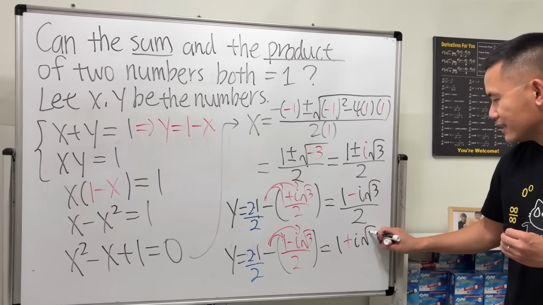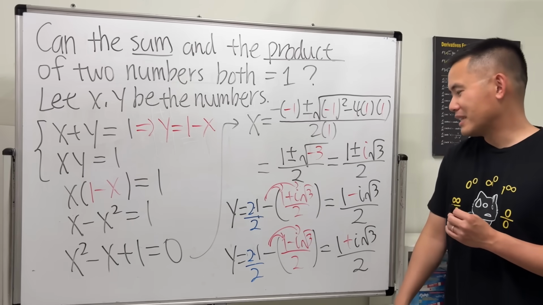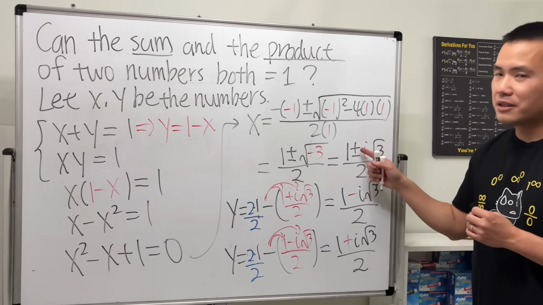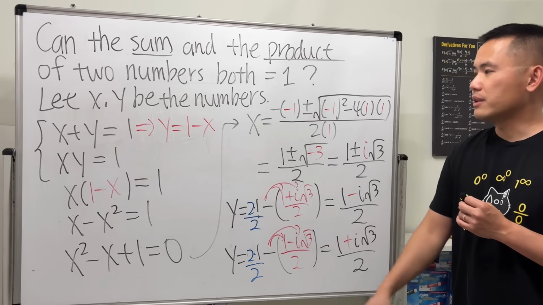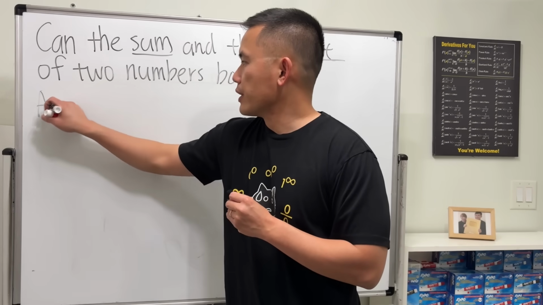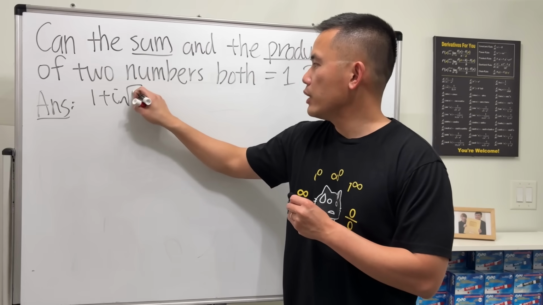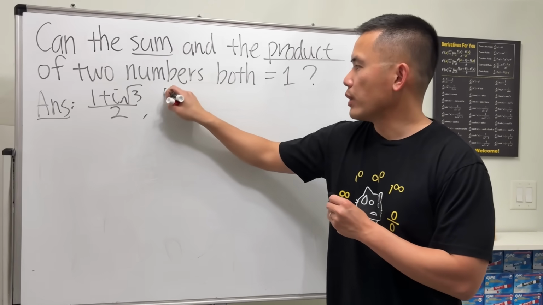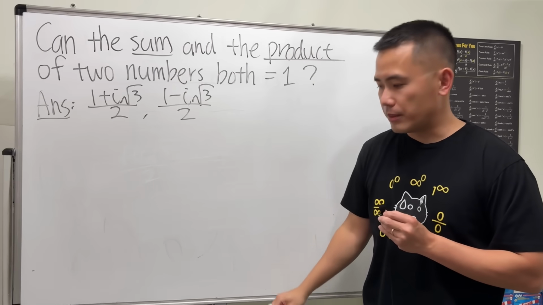So in fact, it's pretty symmetric, meaning that the answers are right here. So these are the two numbers. I'm just going to write down the answers for you guys right here. We have 1 plus i square root of 3 over 2. And the other one is 1 minus i square root of 3 over 2. These are the two numbers.